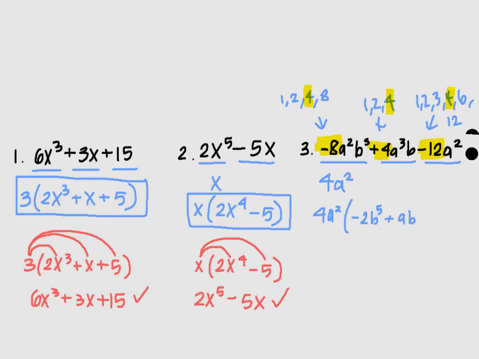And in the third term, -12a squared divided by 4a squared is equal to -3. So again, just to see where I got this, I took the greatest common factor, 4a squared, and divided it from all three of the terms in my trinomial.